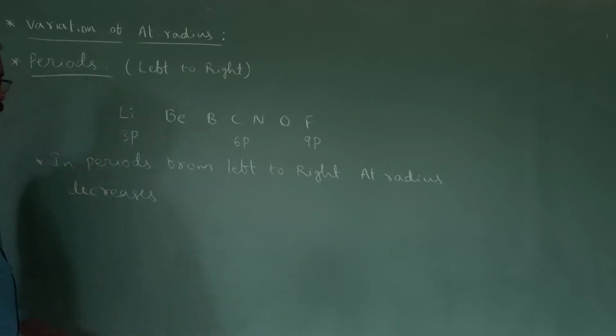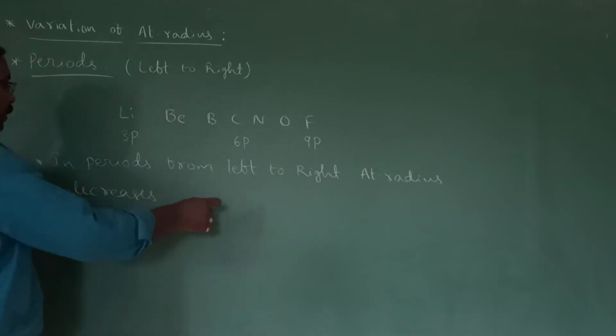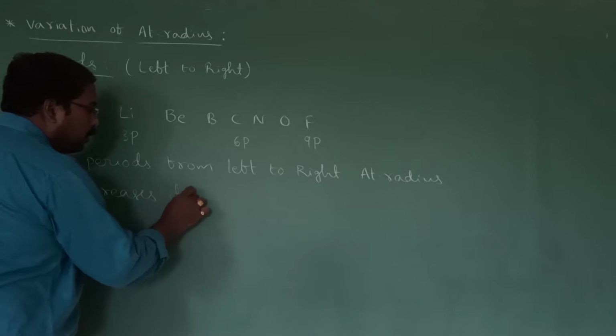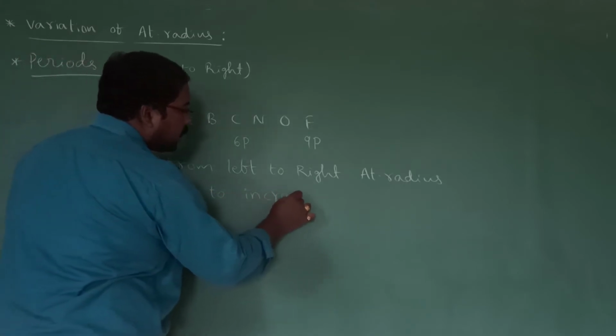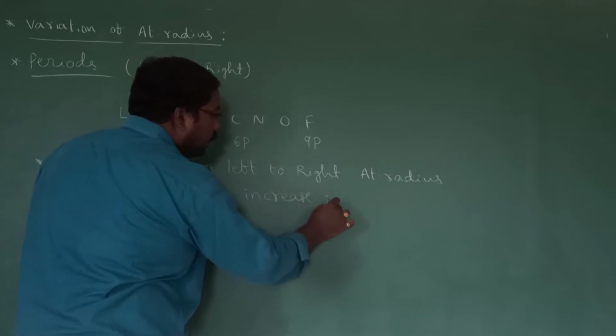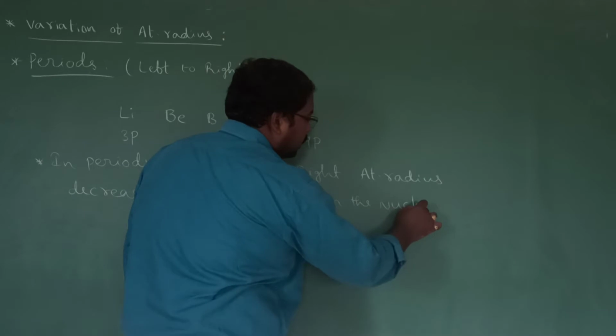Okay, from left to right, the atomic radius decreases in the periods. The reason is what? Due to increase in the nuclear charge.